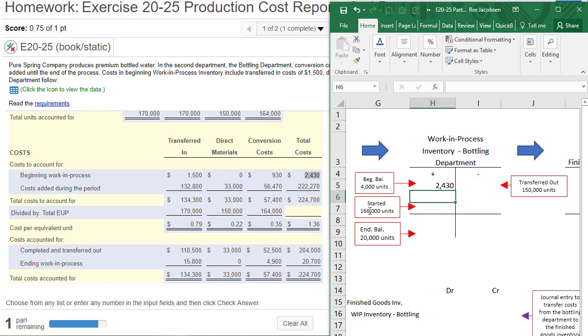And now for our units that were started, in other words, our costs added during the period, we have 222,270. And then down here, the 204,000, that is the completed and transferred out costs.